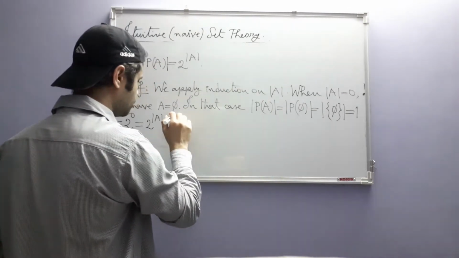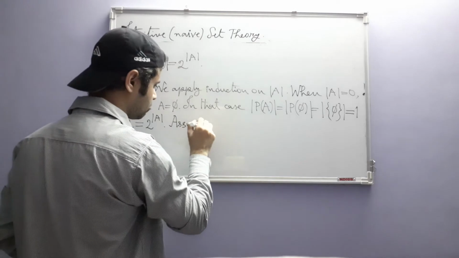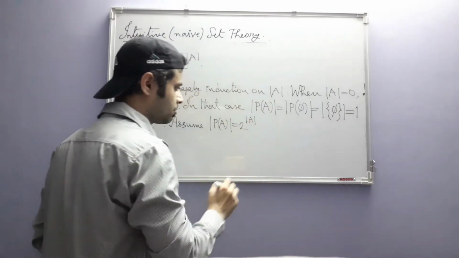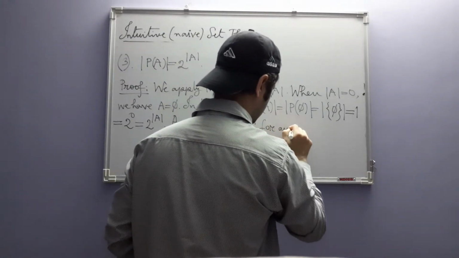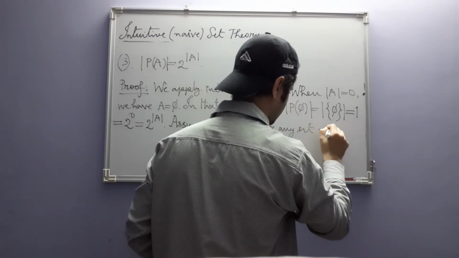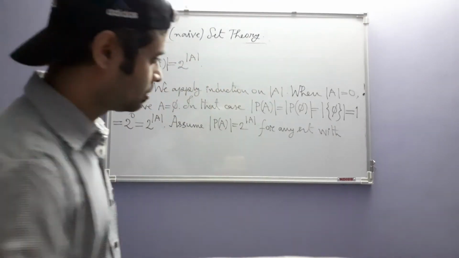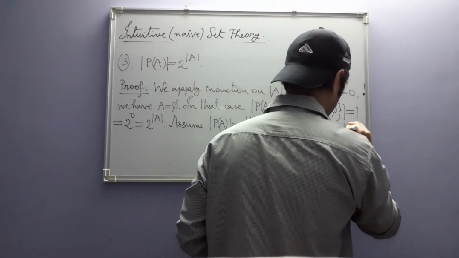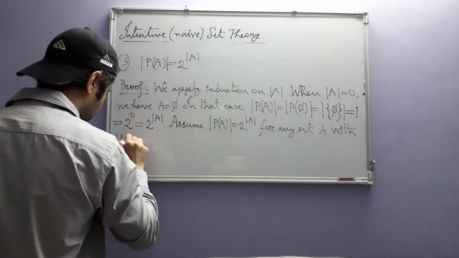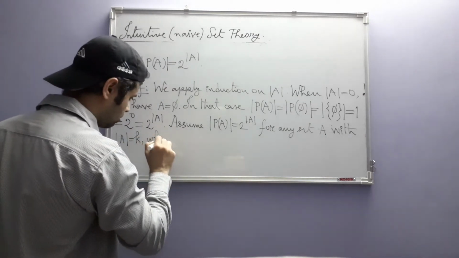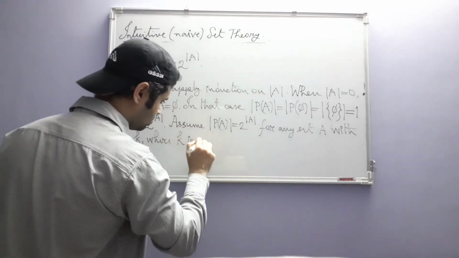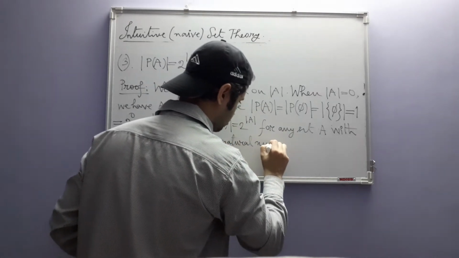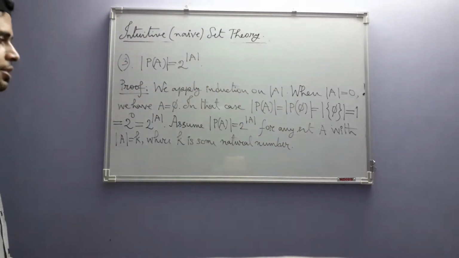Now we assume the induction hypothesis. Assume that this is equal to this for any set A with cardinality of A equal to K, where K is some natural number.